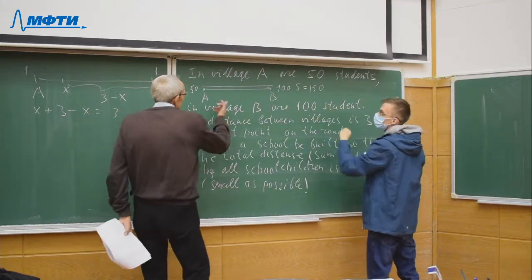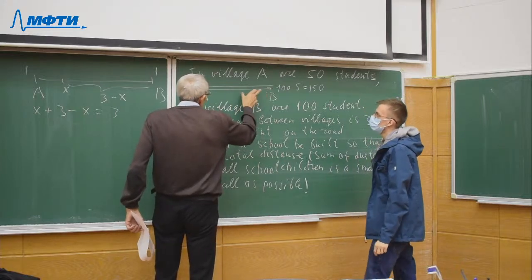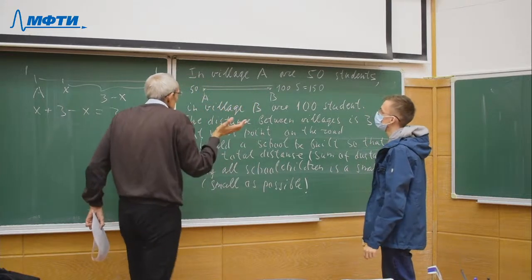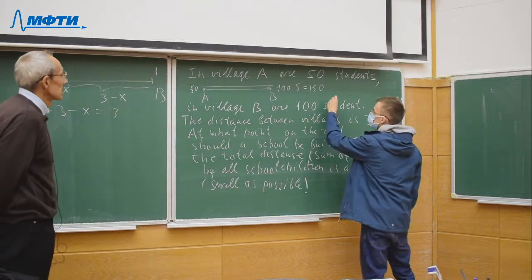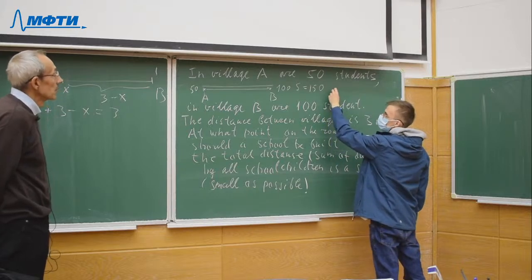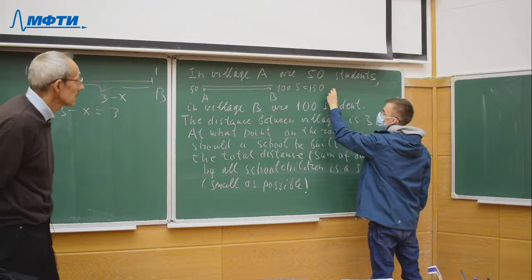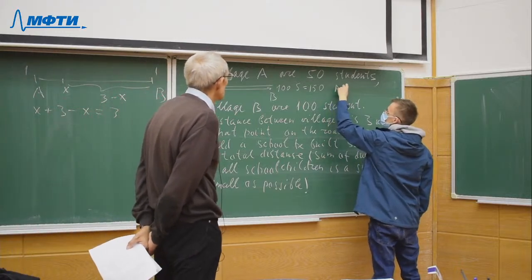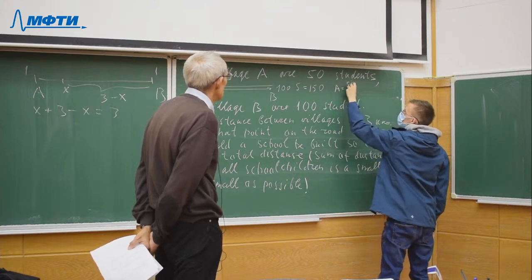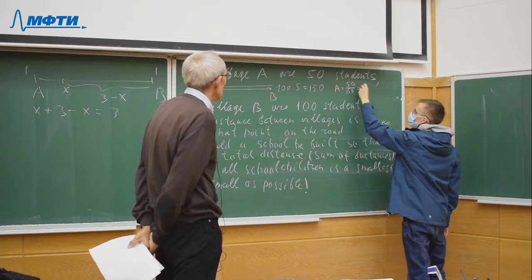Yeah. So that means we can suggest any point with this distance x and this distance 3 minus x, and we can try to minimize this sum of all distances. To do the fraction, I guess. So for A it's 50 divided by 150 and it's 1/3.